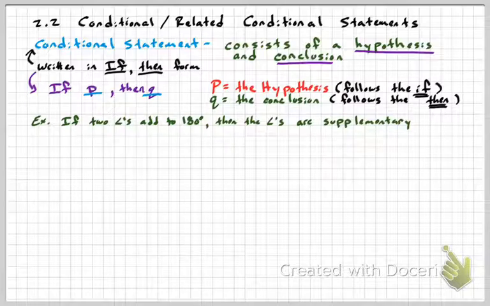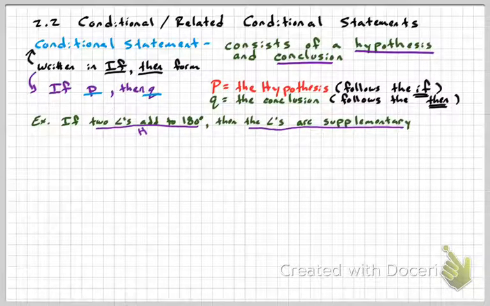So if two angles add to 180, that is our hypothesis because it's following our if. Then the angles are supplementary. That would be our conclusion because it's following the then. Very simple, very straightforward. The hypothesis follows the if, the conclusion follows the then in a conditional statement.